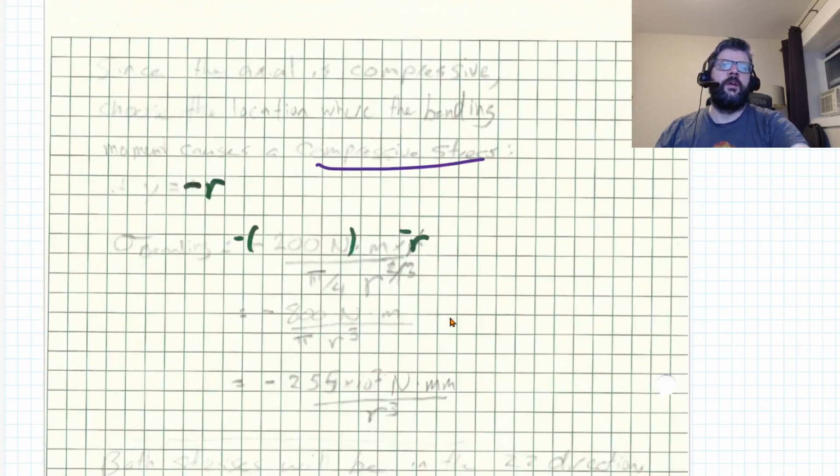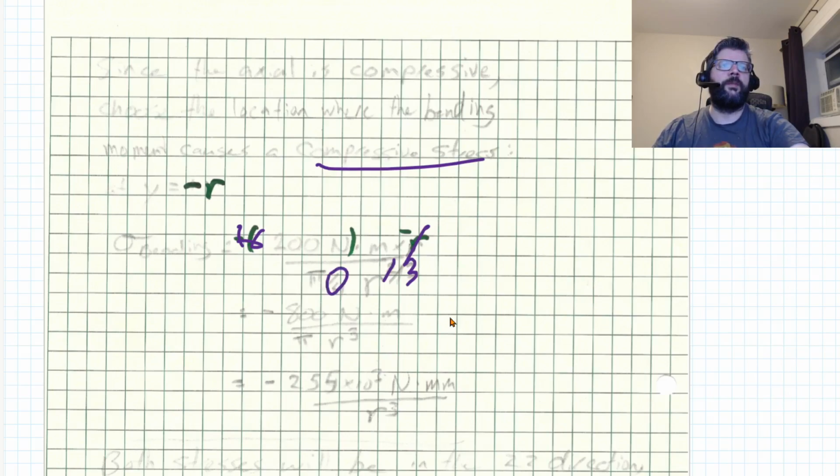So in our beam bending formula, negative times the negative moment, these two cancel out. So 200 newton meters times negative r divided by pi over 4 r to the fourth. Then we can cancel out one of those r's, giving us r cubed.